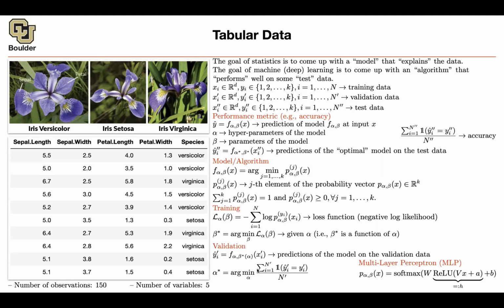There is a question asking, alpha is part of beta? Not really. Alpha is totally separate from beta, but as soon as you choose alpha, you are going to be able to optimize for beta. So the second part of your question is correct. You first choose alpha, you first say, I want a deep neural network that is 2 layers deep, 100 neurons. Now I want to find the best parameters.